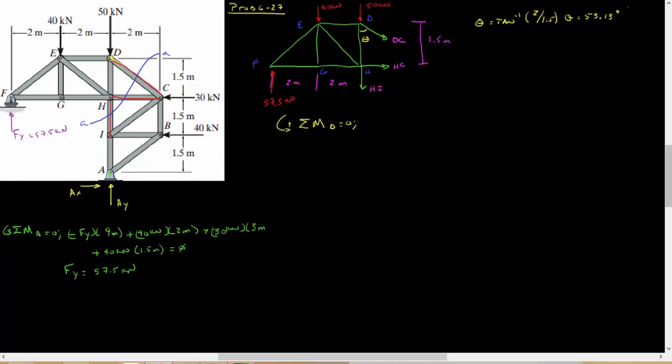So I come up here and I look at this one. Well, right away it takes out the 50 kilonewtons. I don't have to worry about that. I don't have to worry about DC because it's also going through that point. Also HI is going through that point, so I can solve for just HC by summing my moment at point D. So by doing this, I have 40 kilonewtons, 57.5 kilonewtons, and HC.